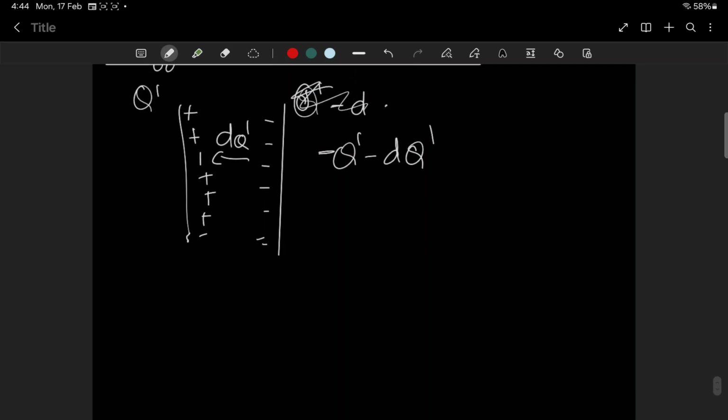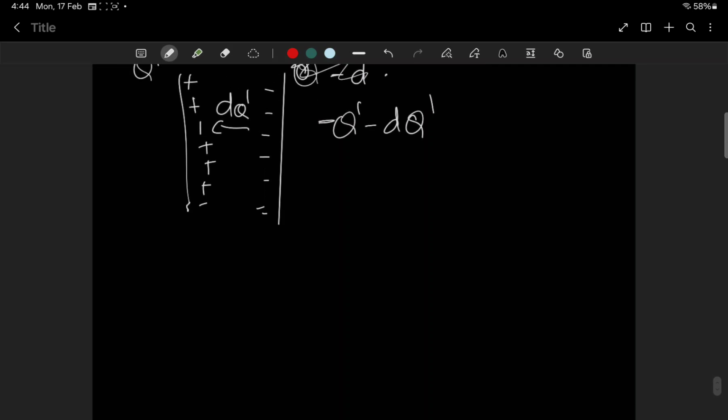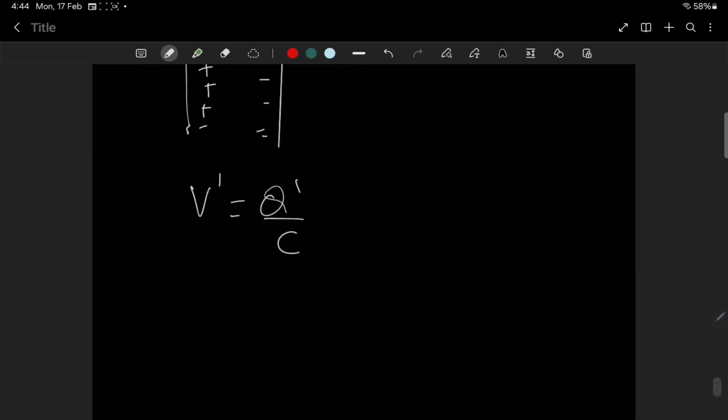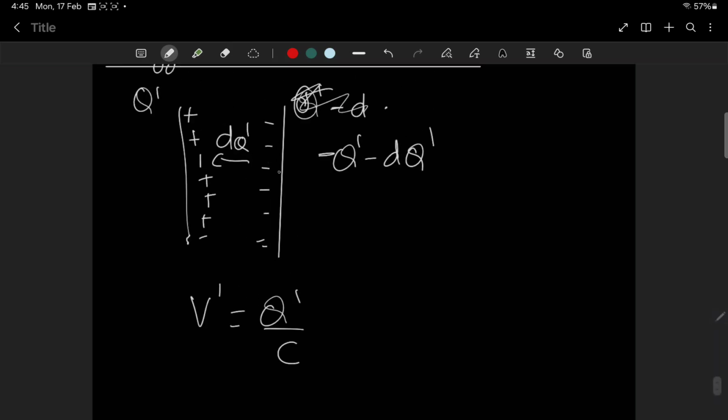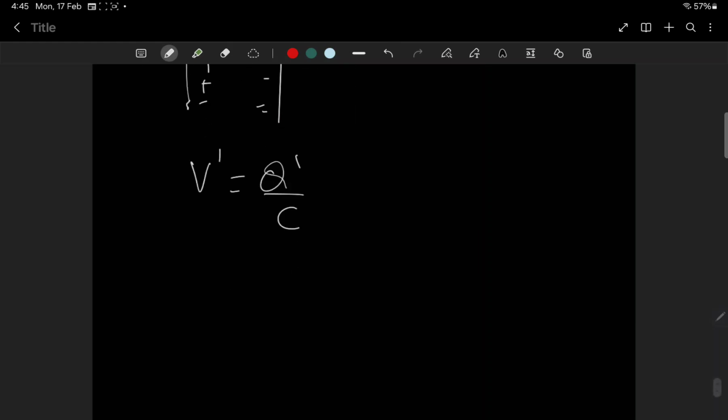Let the charges initially in the plates be Q dash and minus Q dash. Then what is the potential difference? It is equal to Q dash by C. Suppose now a small additional charge dq has been transferred from plate 2 to plate 1.